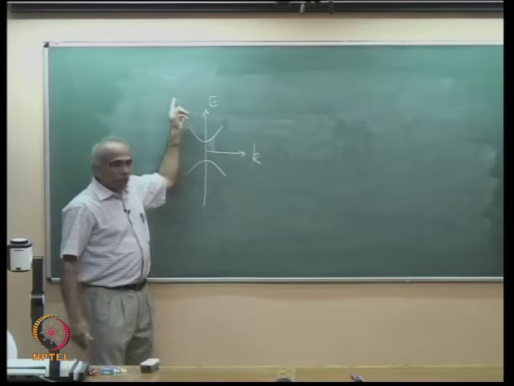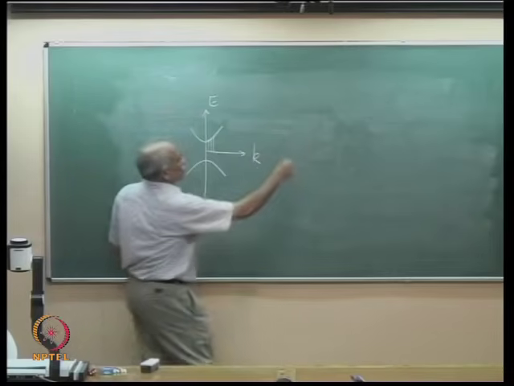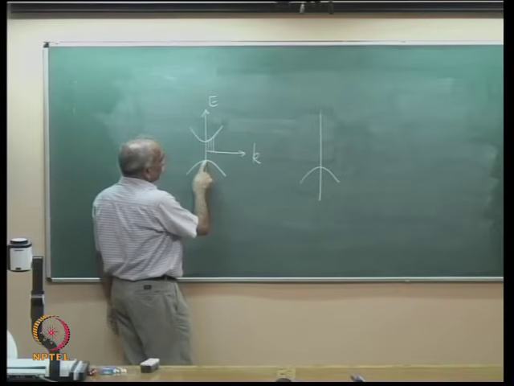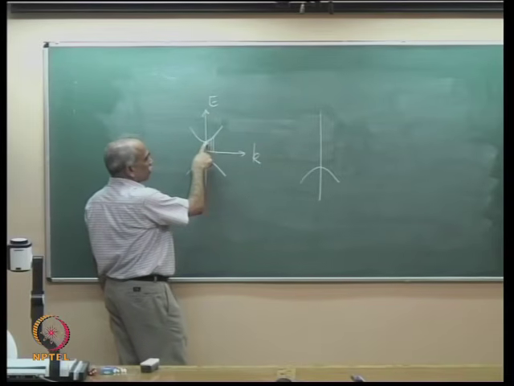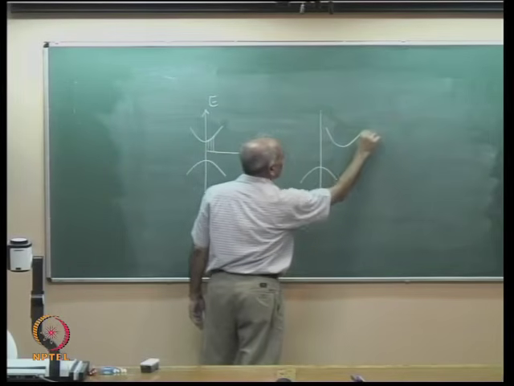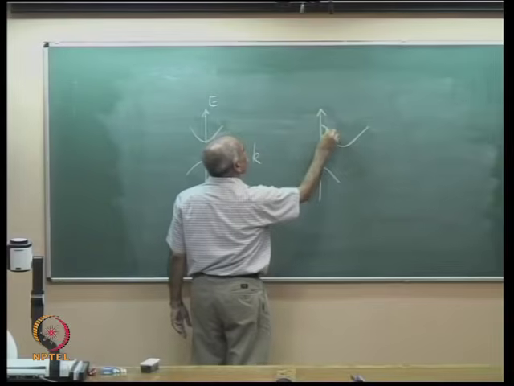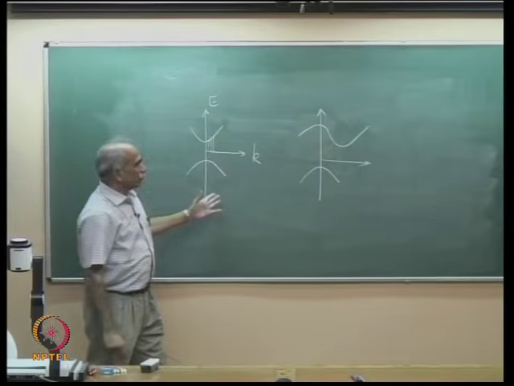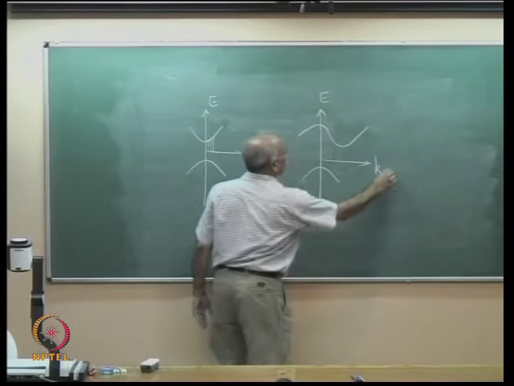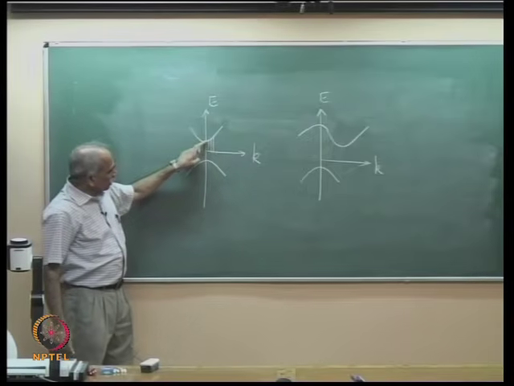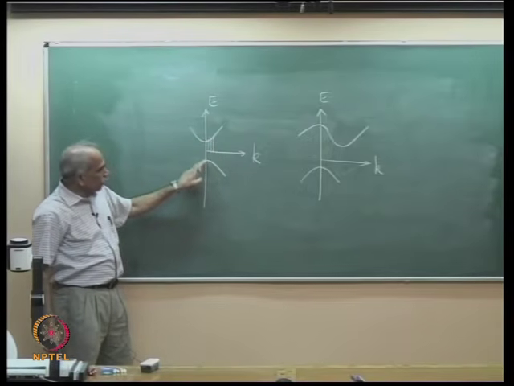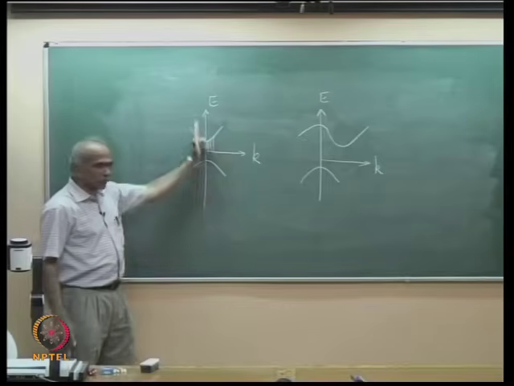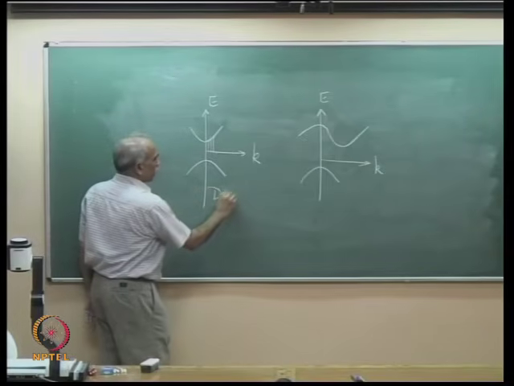We will see that the K values are discrete, but the number of values is so large that you plot a continuous curve. There are materials in which the top of the valence band coincides with the bottom of the conduction band, and there are materials in which the top of the valence band does not coincide with the minima of the conduction band. So, in E versus K, materials in which the minima of the conduction band coincides with the top of the valence band, that is, occurs at the same value of K, are called direct band gap semiconductors.